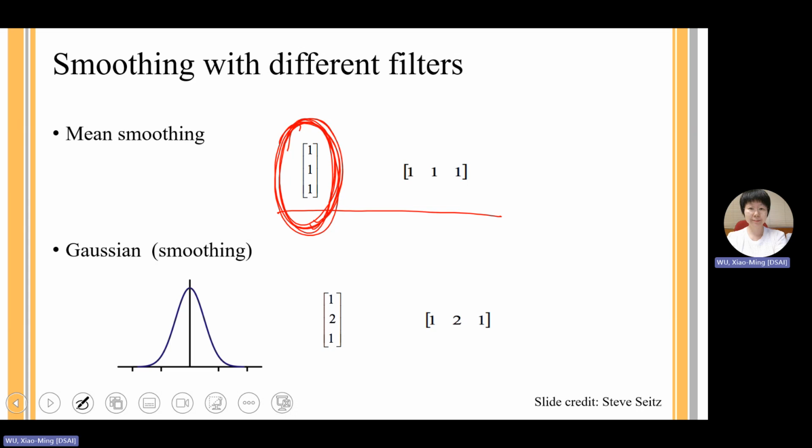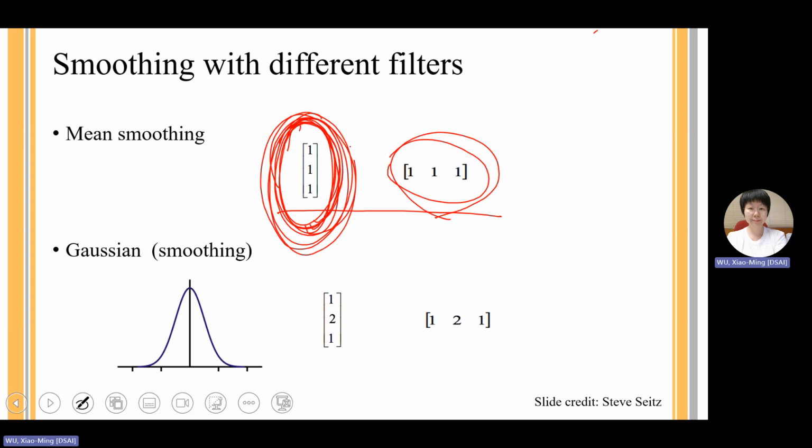This filter smooths the image vertically for each column, right? How are you going to apply this? You apply this filter to each column of the image, right? And what about this? You apply this to each row of the image, right?